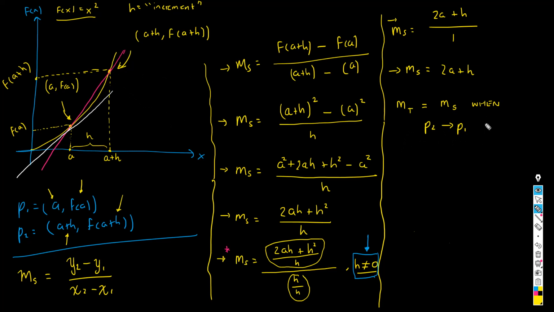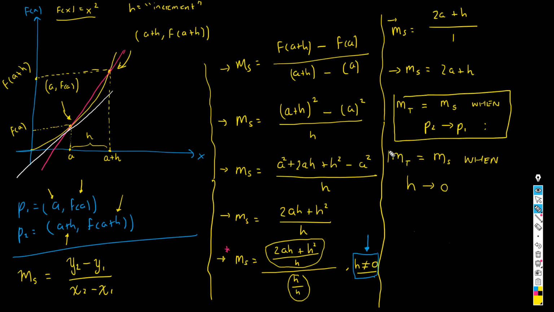Another way to say the same thing is that the slope of the tangent line is equal to the slope of the second line when h, the increment, approaches 0. You see, this statement and this statement are completely equivalent.